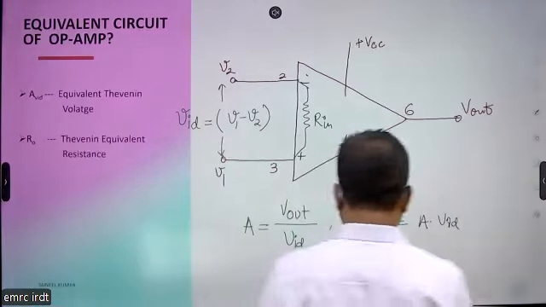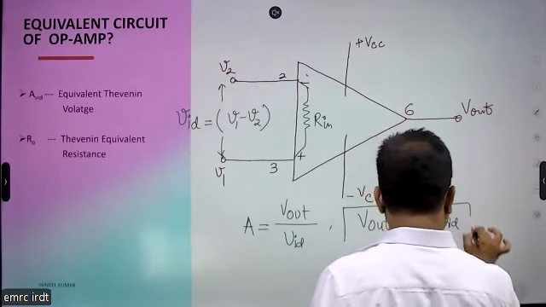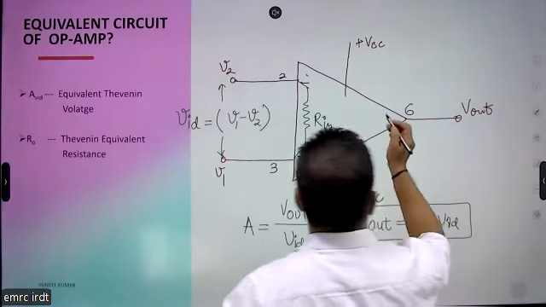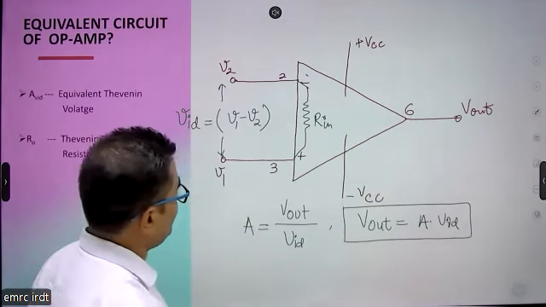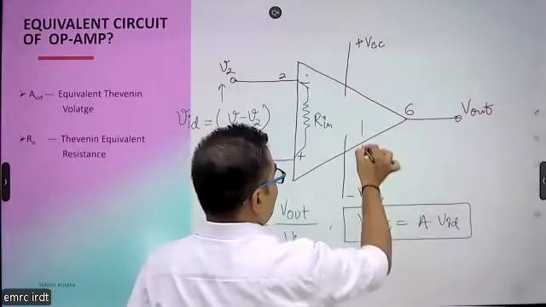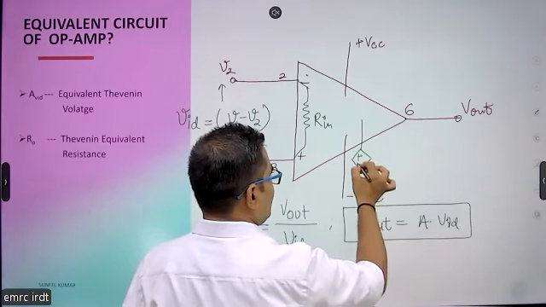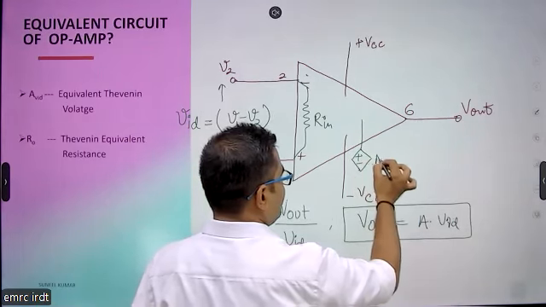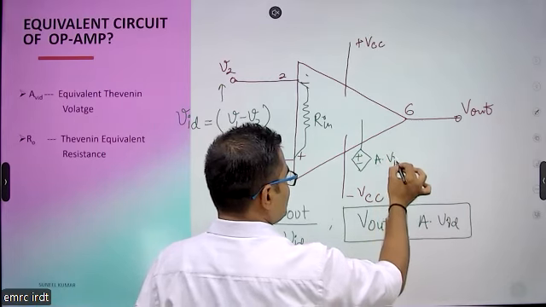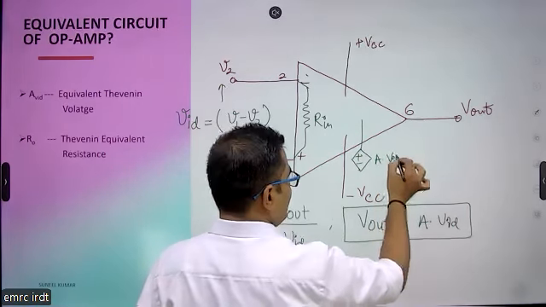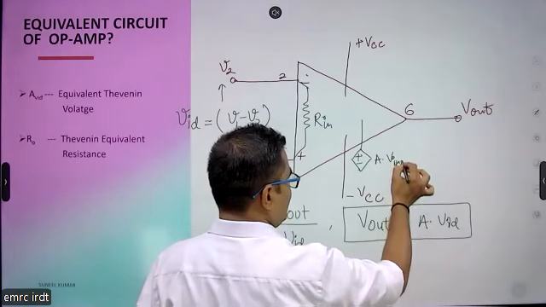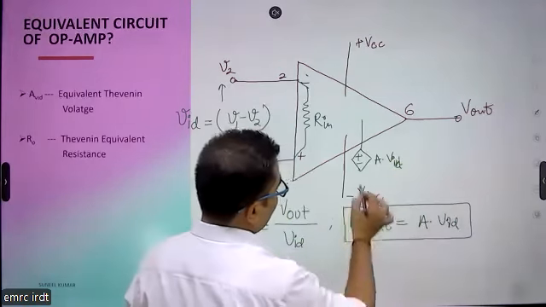Output can be written as A into VID. So we may have the Thevenin equivalent. Here we have a dependent voltage source in which the value depends on the input voltage, that we can write as VID.